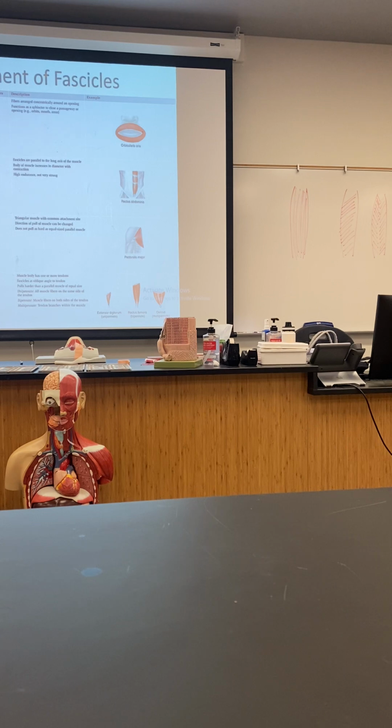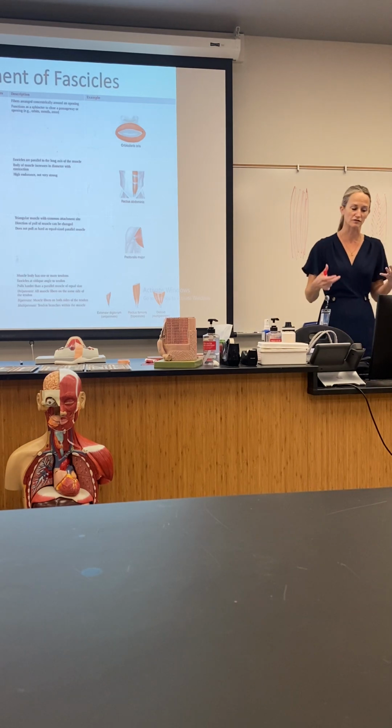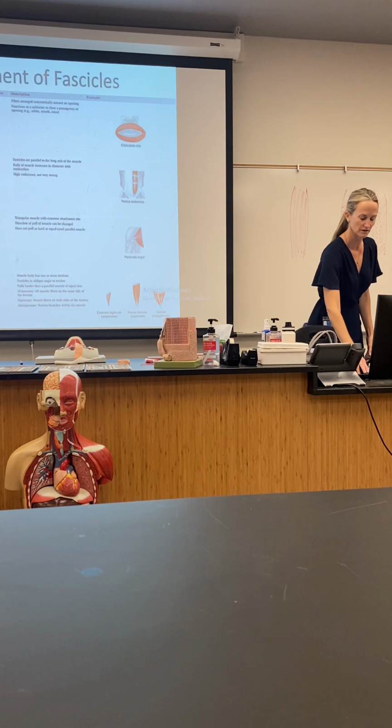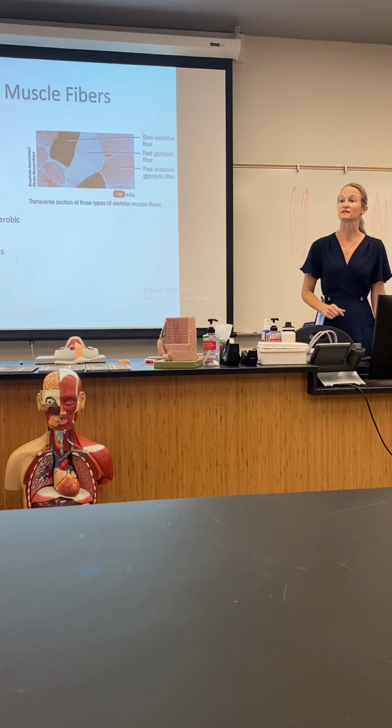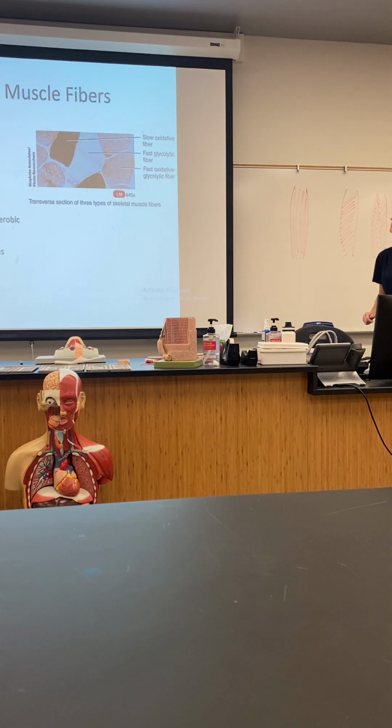And then there are multipennate muscles where you have more bundles of fascicles arranged at that oblique angle. The deltoid muscle is an example of that. It's super strong for its size, especially. So generating lots of force is one of the characteristics of those pennate muscles.